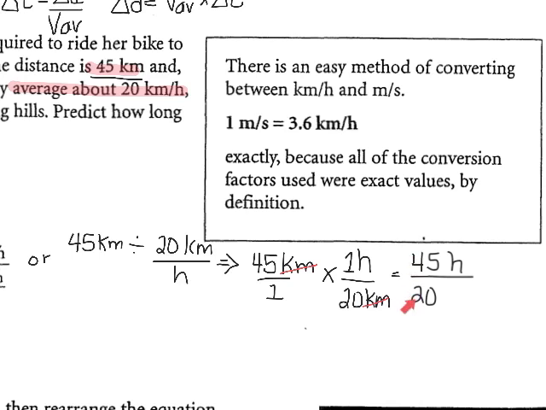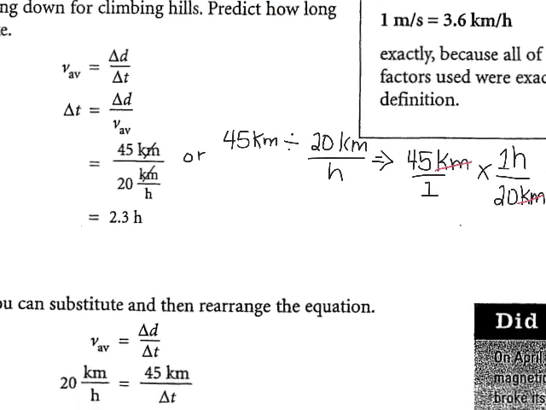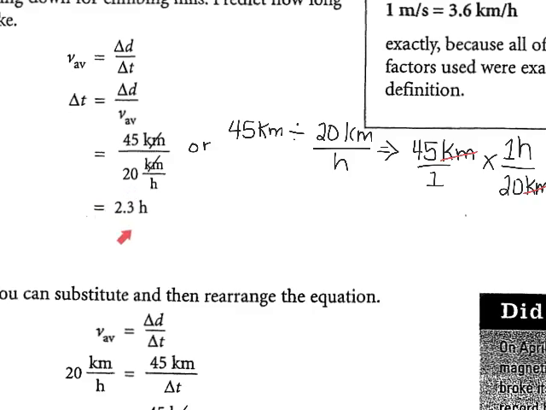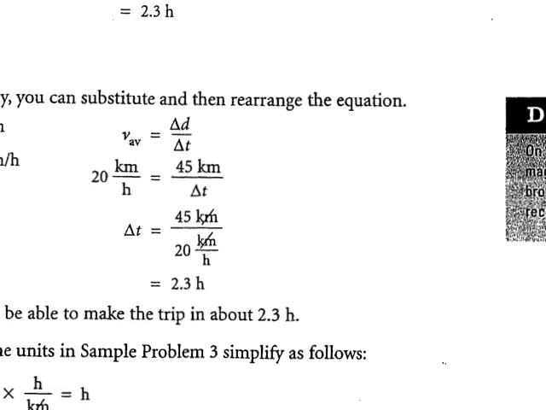So 45 divided by 20, and you're going to get 2.3 hours. That's how it works, and I wanted you to be aware of that. And there we got our answer, 2.3 hours. Now, it gives you another option, but I don't want to confuse you anymore, so you're going to just cross that out.